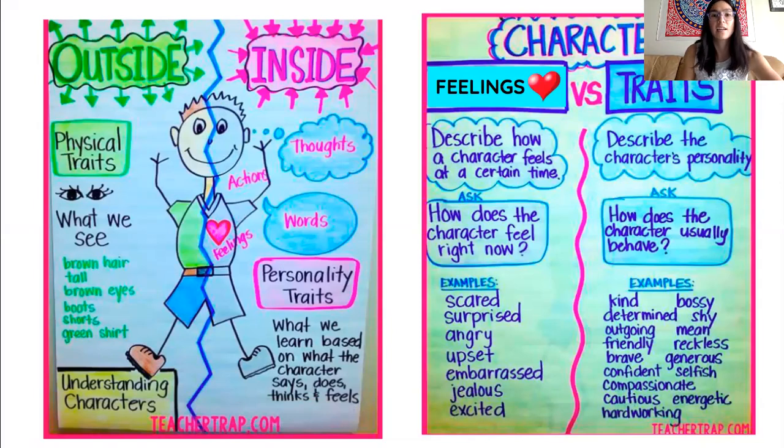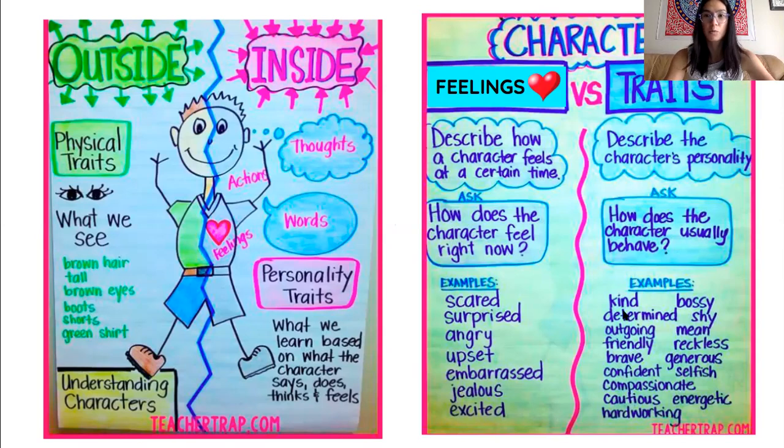That might tell us that he's kind of lazy if he's always pushing off doing his homework or helping his parents around the house. We can also ask ourselves, how does the character usually behave? Again, feelings change. How does the character feel right now? But traits are how they feel over time.